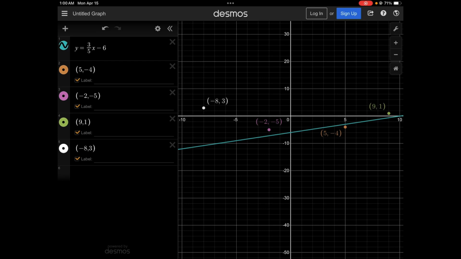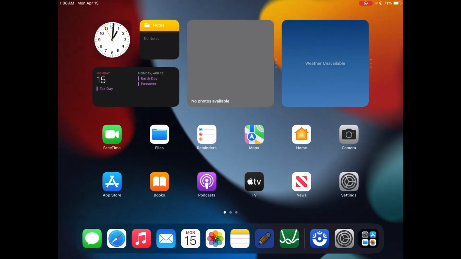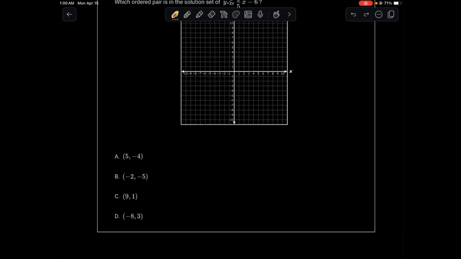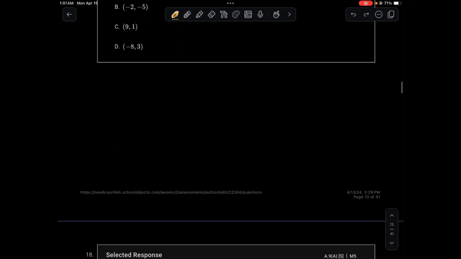And the point that is isolated is the (5, -4), because that's the only point that's underneath the line, so that should be the solution. The other ones are all sort of together on the upper part, and they're all wrong. Okay, so the correct answer is (5, -4). And let's move on.